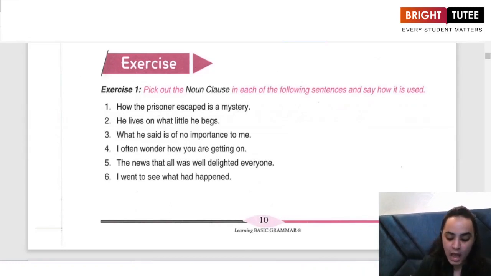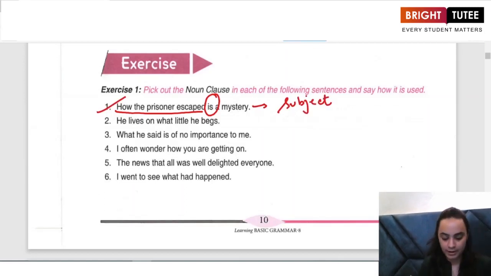First one. How the prisoner escaped is a mystery. What is a mystery? How the prisoner escaped. What is my verb in the sentence? Is. So my noun clause is before my verb. So here it is acting as a subject to the verb. Okay.